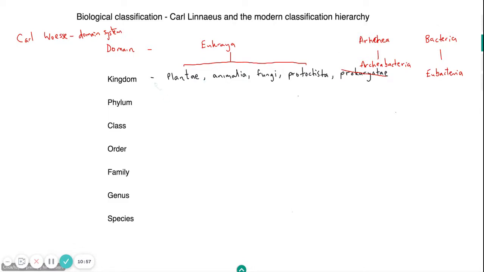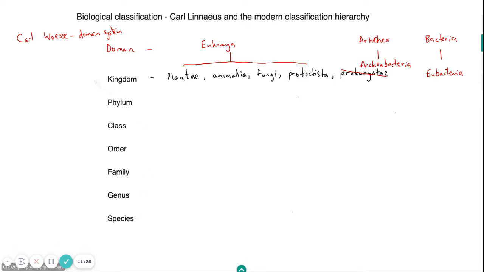You need to know the different features of these different kingdoms. So that's something just to have a look through, just practicing, draw out your own table to try and see what you can remember. We need to be aware that as you move down this classification system, these are all subdivisions of each other and they're getting more specific.